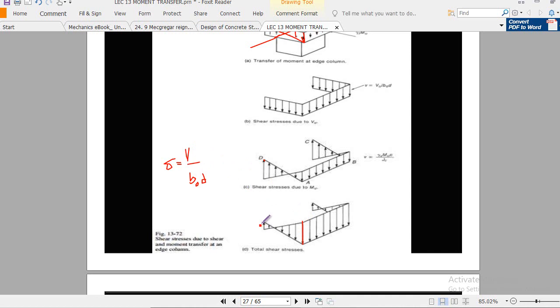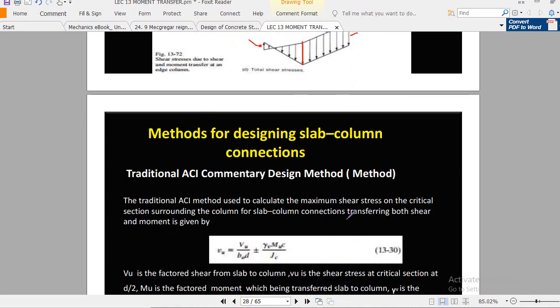In this case, we will use a minus sign, gamma v times mu divided by c, right? And at this side, we will use the plus sign. Because this is more as compared to this one, at this side it will be a negative sign, and at this side we will use a positive sign. So we will use this basic equation for the total shear stress distribution.